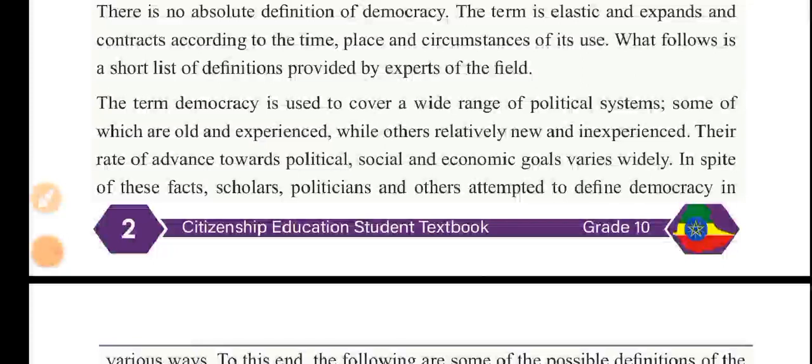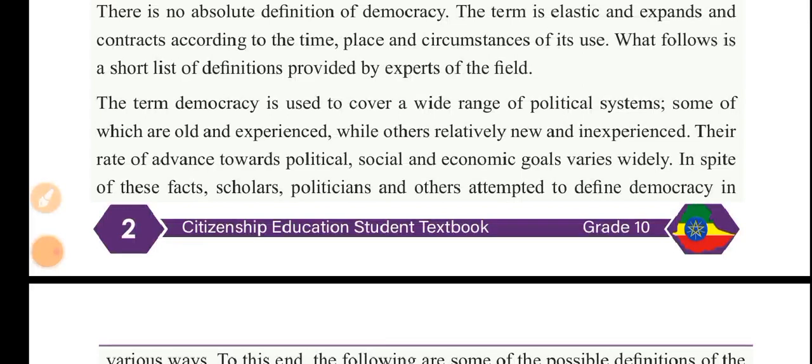The meaning of democracy covers various political systems; some are old and experienced, while others are relatively new and inexperienced.